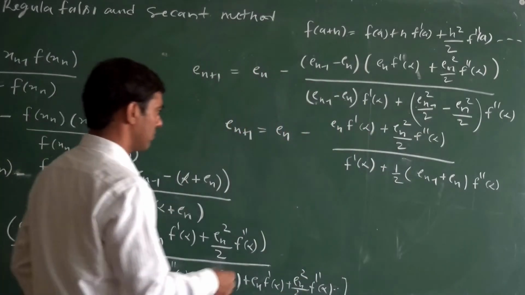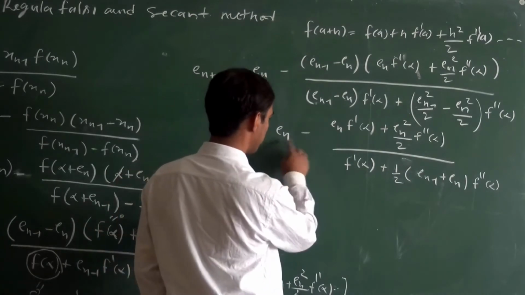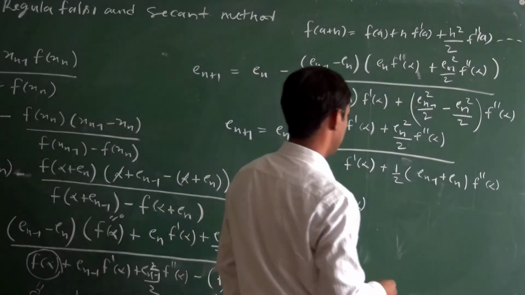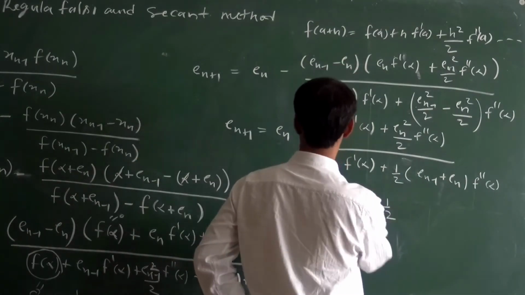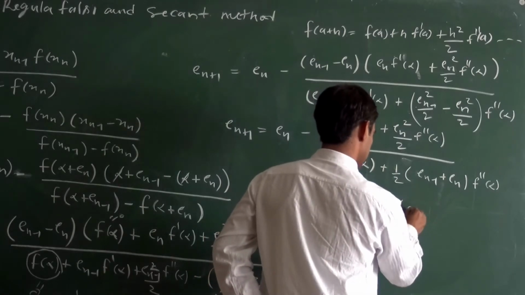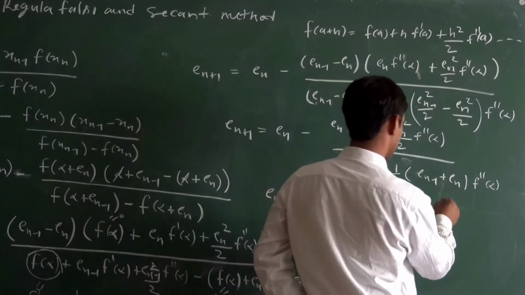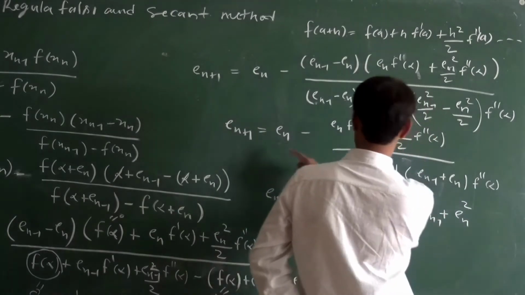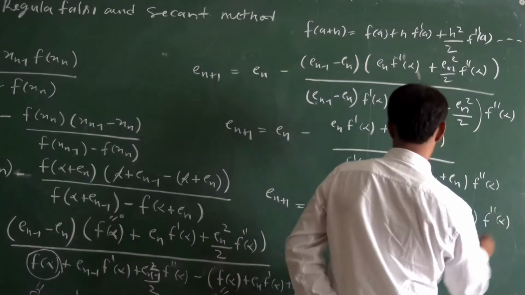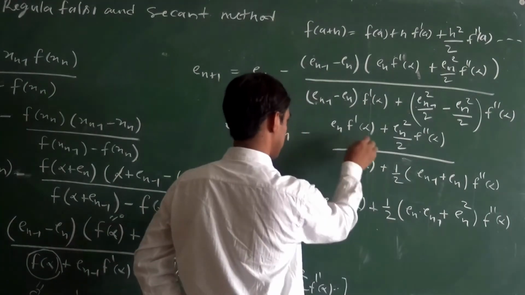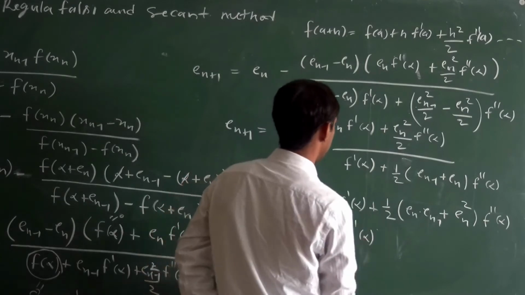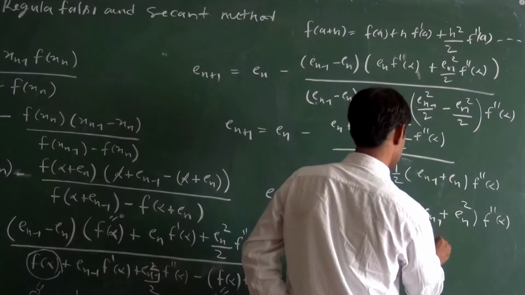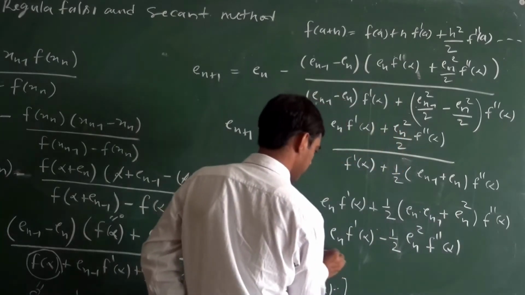So if we simplify more, this becomes e_n plus 1 equals, multiplied by this one, e_n f dash alpha plus 1 by 2 multiplied by this one, e_n minus 1 plus e_n square multiplied by e_n, then f double dash alpha, minus this term e_n f dash alpha minus 1 by 2 e_n square f double dash alpha, divided by the same term.